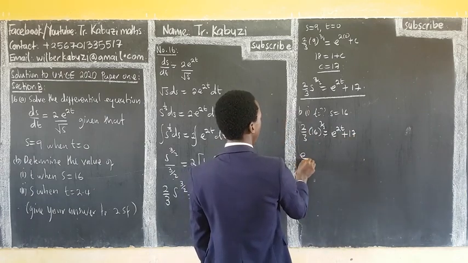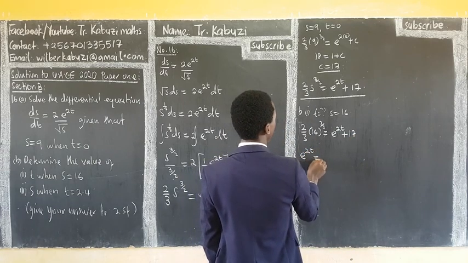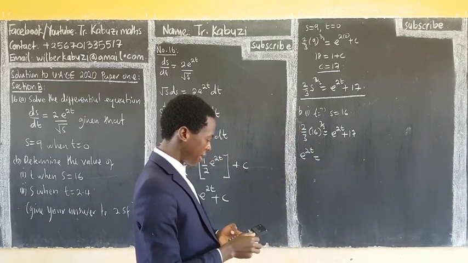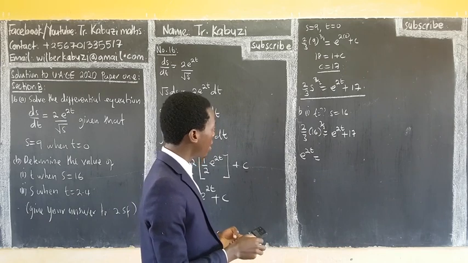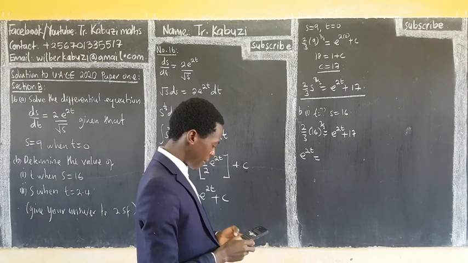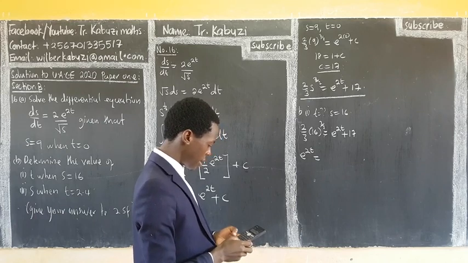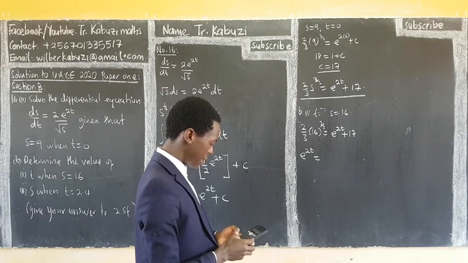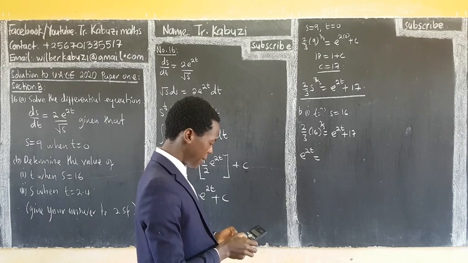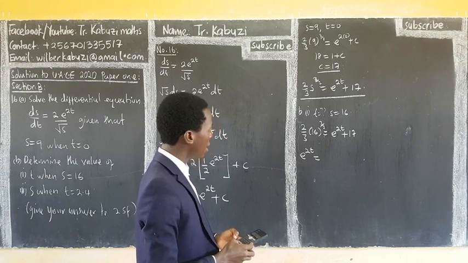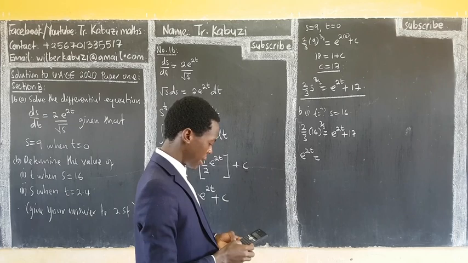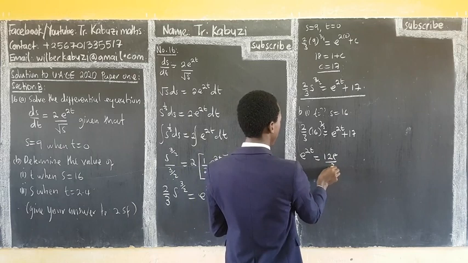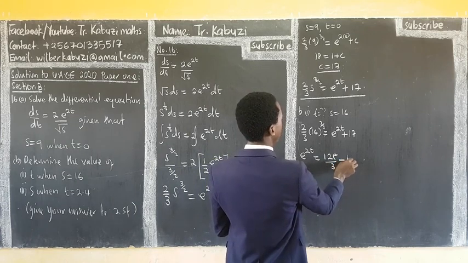So you have e to power t equaling to, when I simplify this, the whole of it I have to divide by that. Then 16 to the 3 over 2 is 64, times 2 over 3. So here we have 128 over 3, then minus 17.